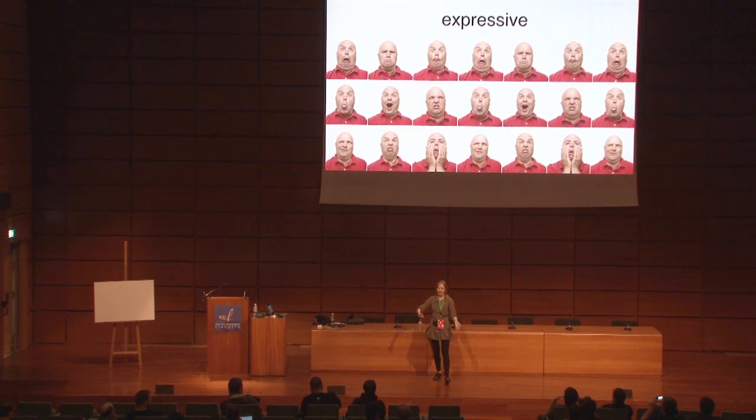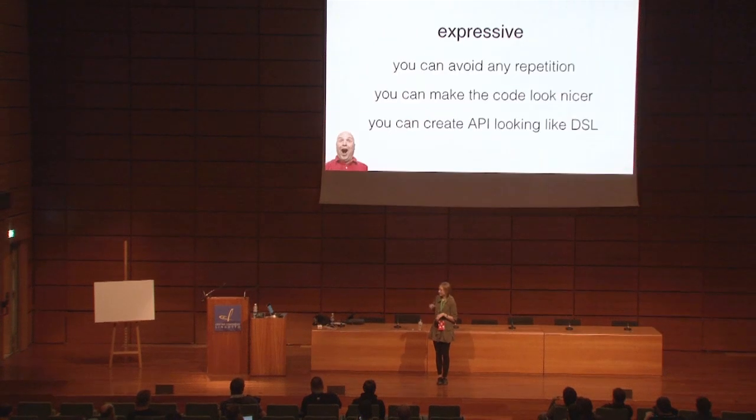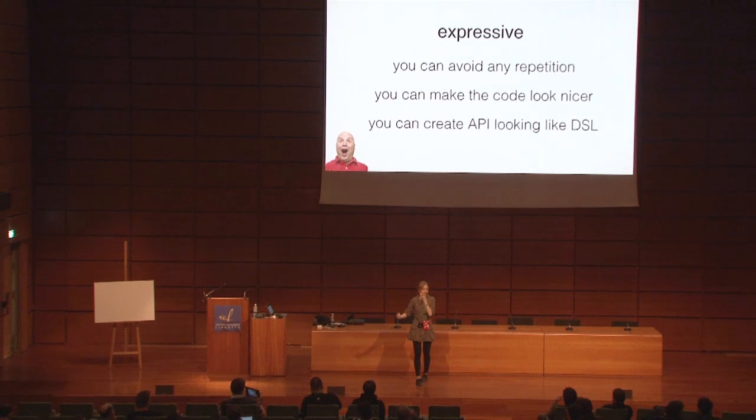Okay, then we'll move on and look at the last thing that describes Kotlin as a modern language, this expressive buzzword. What do we mean when we say the language is expressive? For me, it means that it gives you more power. It allows you to do more things. It allows you to write nicer code at the end.